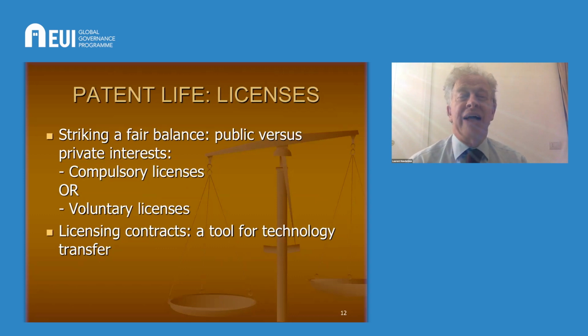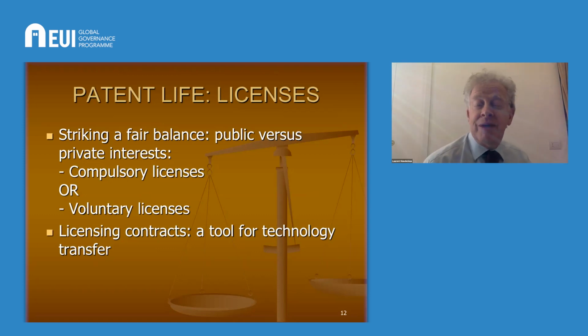And we know that there are 2 types of licenses. The compulsory ones on products or processes, which may apply to medicines. This is one of the big debates of these days. Or the licenses are voluntary. Just one quick word on the compulsory licenses.